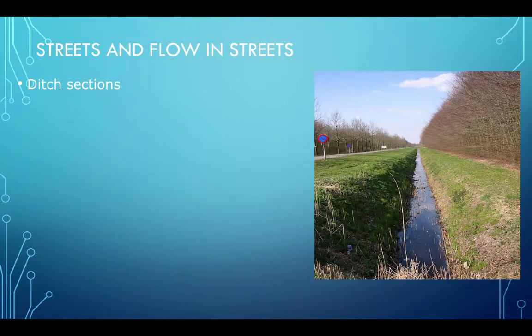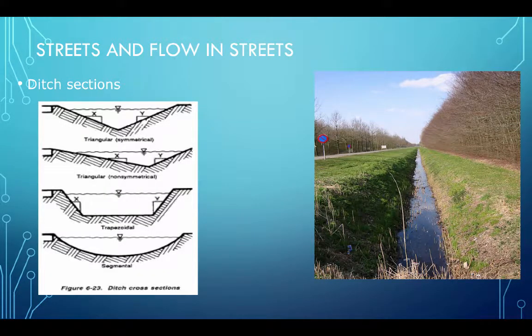Ditch sections come in a variety of shapes. Here it looks to me like a trapezoidal ditch. And triangular is common. Those are also called swales, either symmetrical or asymmetrical. Trapezoidal is pretty common. And segmental, I think they're trying to mean segments of a circle. I actually don't understand that word.